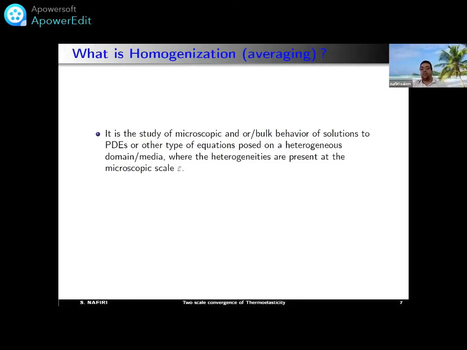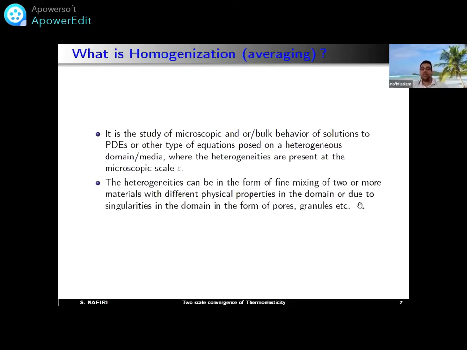So homogenization is about the study of microscopic or bulk behavior of solutions to PDEs or other types of equations posed on a heterogeneous domain or media where the heterogeneities are present at the microscopic scale epsilon. The heterogeneities can be in the form of fine mixing of two or more materials with different physical properties in the domain, or due to singularities in the domain in the form of pores, granules, etc.